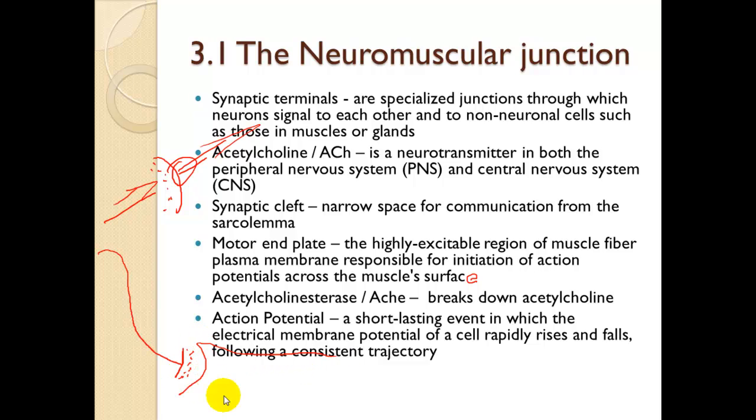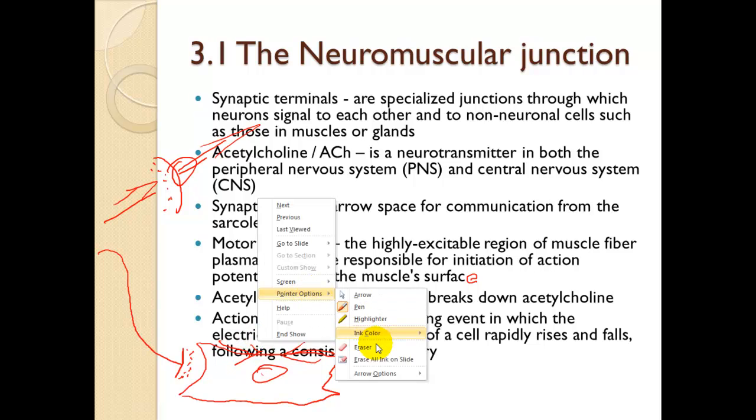Now this would be the actual muscle tissue itself, and once this muscle tissue picks up the signal, it will then do what it's supposed to do and start to shorten. Let me erase this, it's getting awful busy.